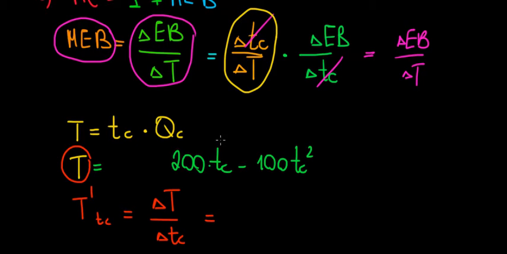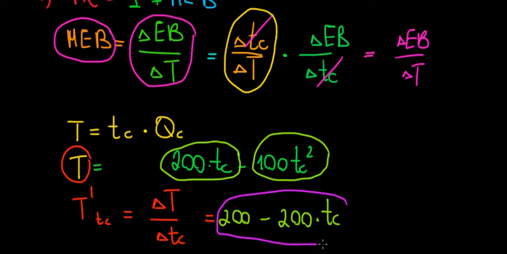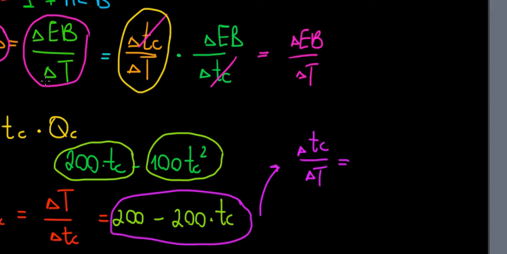What's that going to be? Well, the derivative of 200 times TC is just 200, minus the derivative of 100 TC squared, which is 200 times TC. But we need the inverse, not the opposite. The inverse is the correct term. If we want the change in the tax on coffee due to the change in the tax revenue, that's the same as 1 divided by the change in tax revenue due to the change in the tax on coffee.